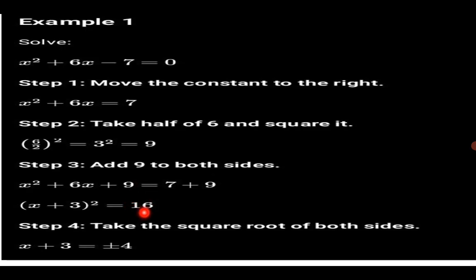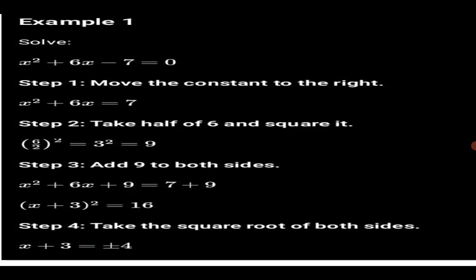The square root of 16 is plus or minus 4. Remember that the square root of a number is either positive or negative. Square root of this side is just x plus 3.